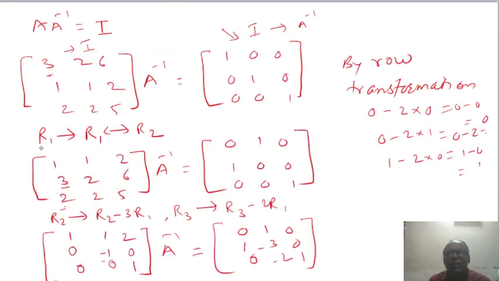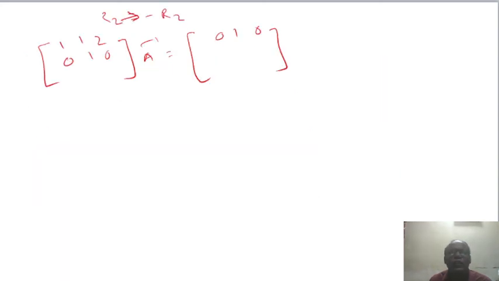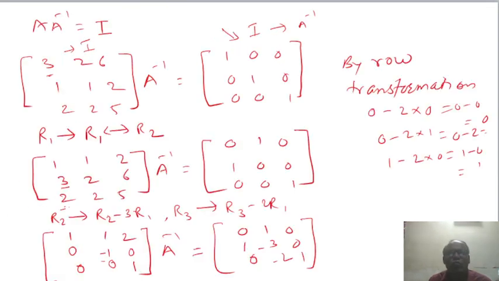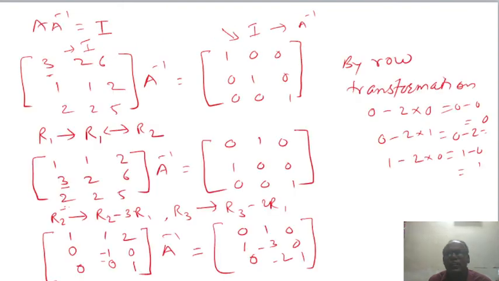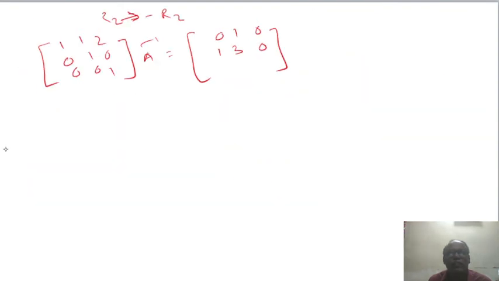It is multiplied by minus 1, that is 1, 3, 0. What we get? 1, 1, 3, 0. Remember this thing. And what about R3? R3 is 0, 0, 1. What we write here? 0, 0, 0, 1. The right hand side is 0 minus 2, 1. Remember this thing.